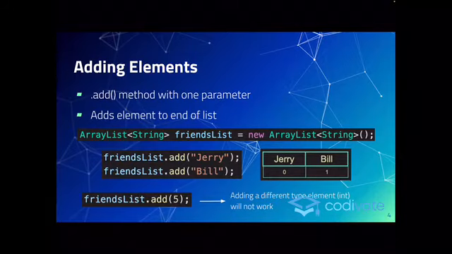So it adds it to the end of the list, which is at position 0. Then when you added Bill, it would add to the end of the list again, which is now at position 1. If you tried to add 5, friendsList.add(5), it would not work because 5 is an int or an integer and is not a string. This would throw an error.